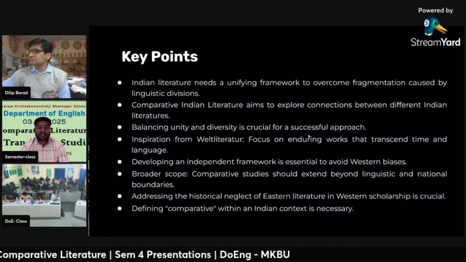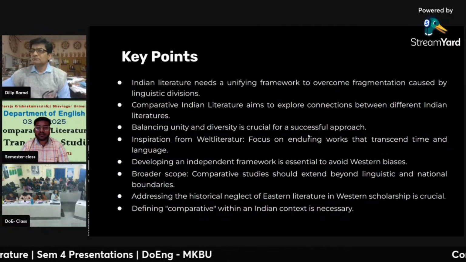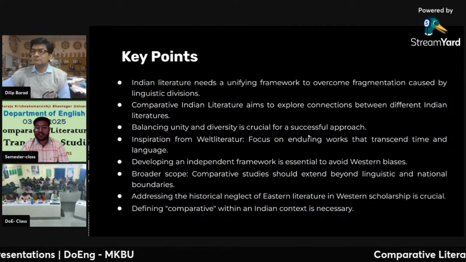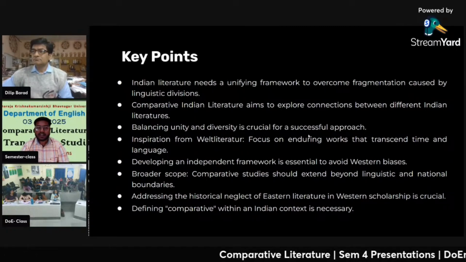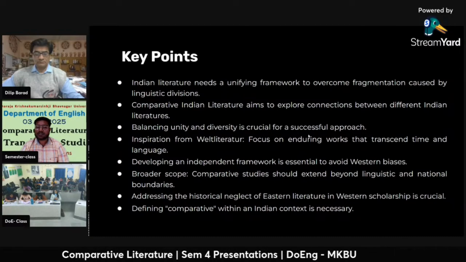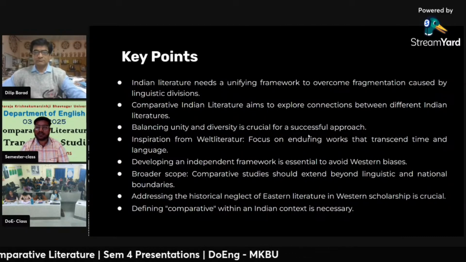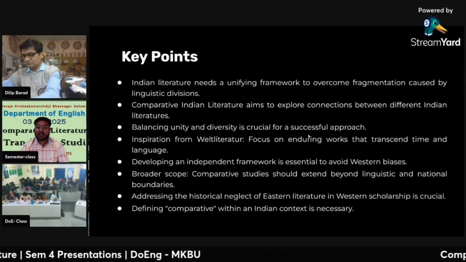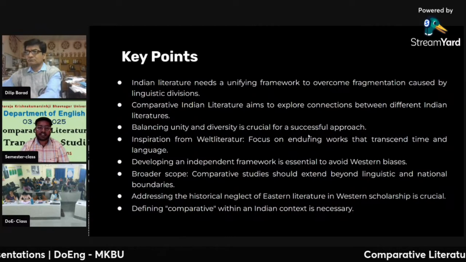Then, inspiration from Welsh literature focuses on enduring works that transcend time and language. Goethe's concept is also about the meaning of world literature.